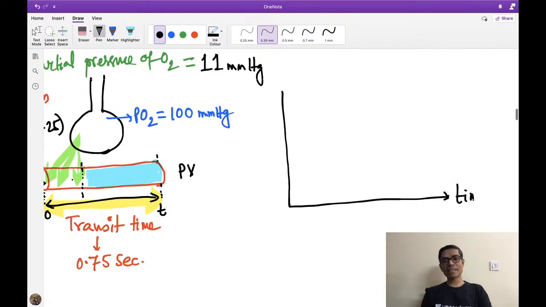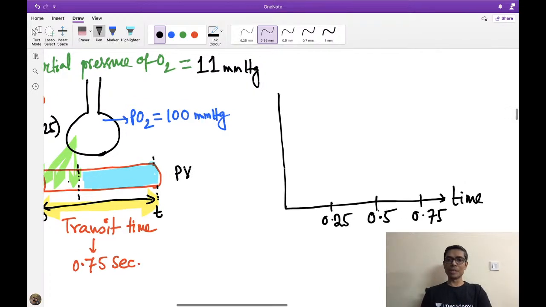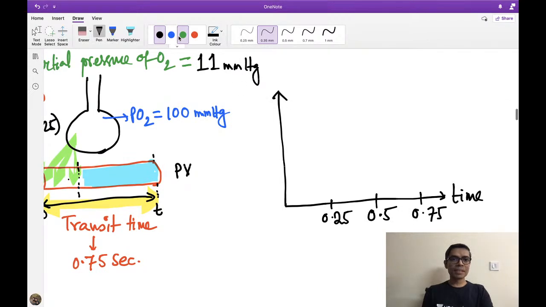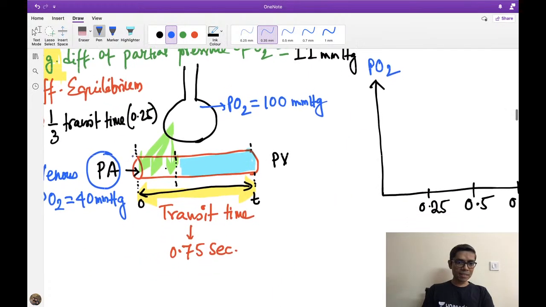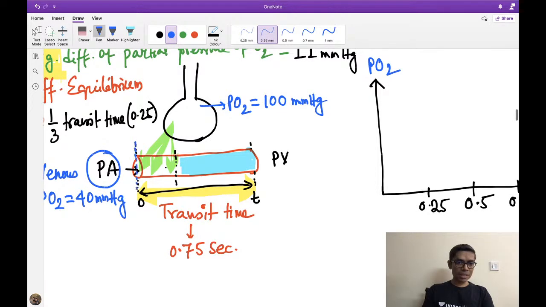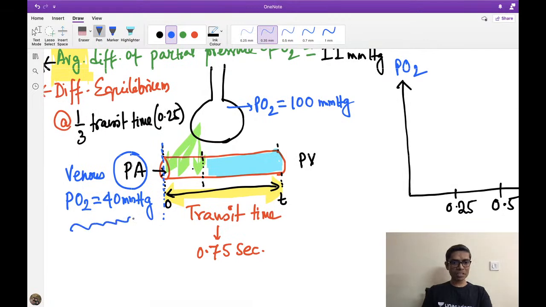So now the x-axis is time. What is this time? This time is nothing but transit time. So this is 0.25, this is 0.5, and this is 0.75. You have understood what I mean to say. And this y-axis is the partial pressure of oxygen, right? Now think of when the venous blood is entering at the arterial end of the pulmonary capillary, what is the partial pressure of oxygen? 40.